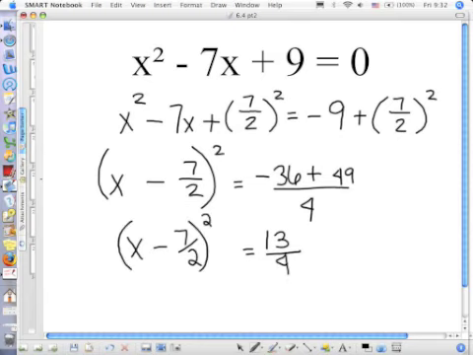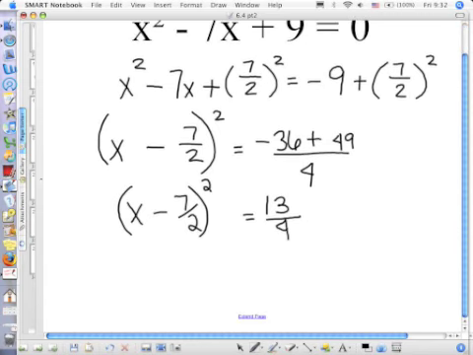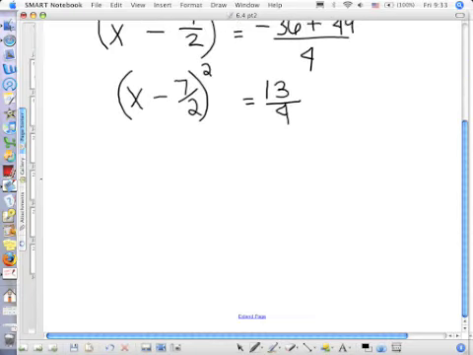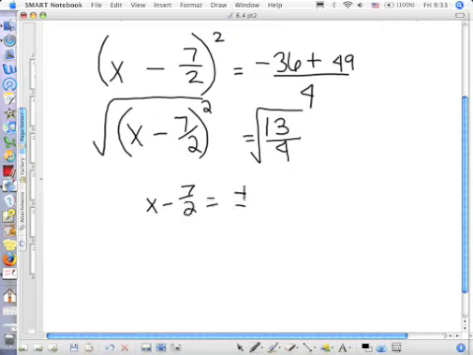All right? Now what you're going to see on all the problems tonight, I think, is that this is all going to work out when you bring the other one over, and they're going to have the same denominator. Because when I take the square root of both sides here, I have x minus 7 halves equals plus or minus.